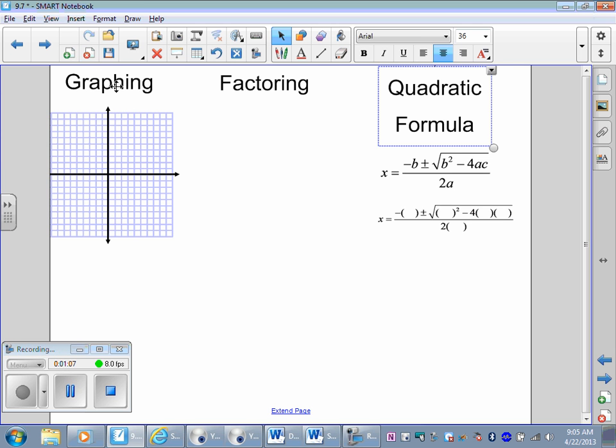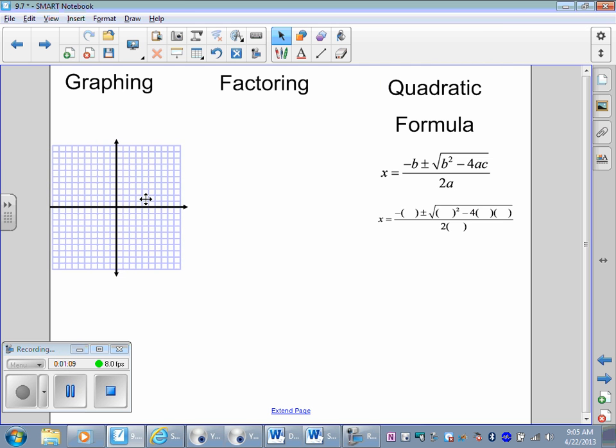Now let's remind ourselves, how do we solve a quadratic equation by graphing? Well, if we had something like 0 equals x squared minus 1, you'll recall that what you do is you switch that 0 to a y to make it a quadratic function, and then you graph this.